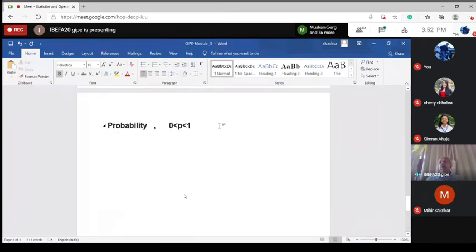Tossing of a coin: either you will get the output H or T. So the probability is not 0, not 1, maybe 1/2 if the coin is unbiased.